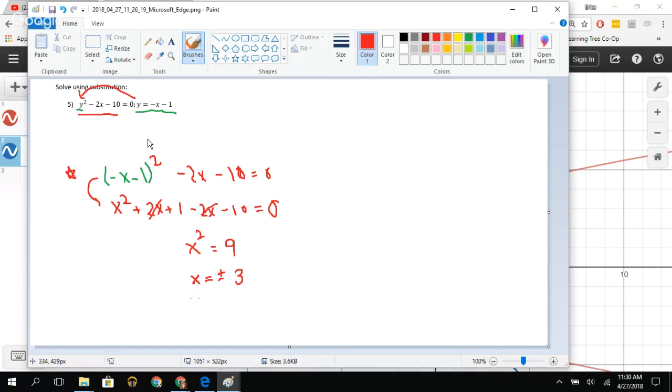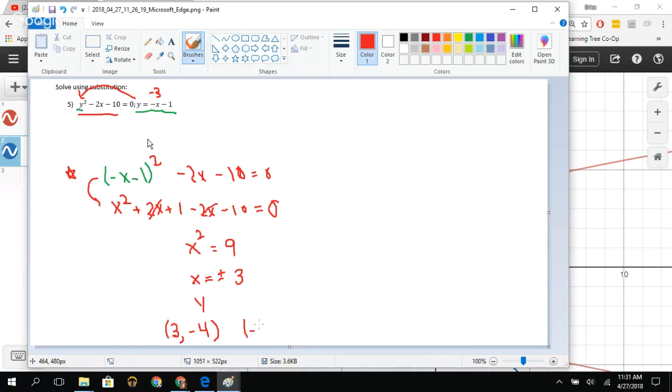I'm not quite done yet because I need to know what the y's are for each of those. So if x equals positive 3, and I go back and plug that in up here, that's negative 3 minus 1, which is negative 4. So if x equals positive 3, y equals negative 4. And if x equals negative 3, then it's negative negative 3, so positive 3 minus 1 is 2.